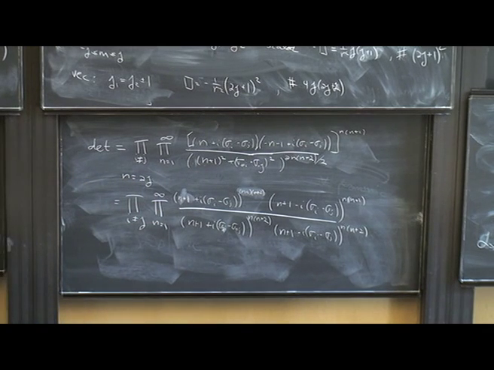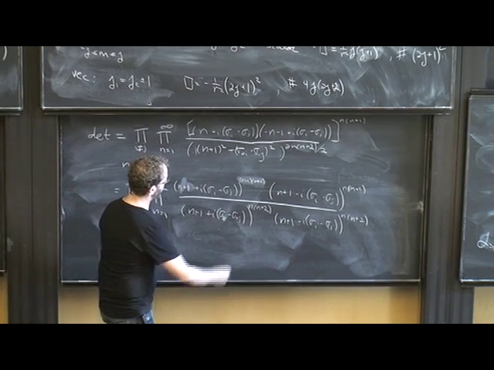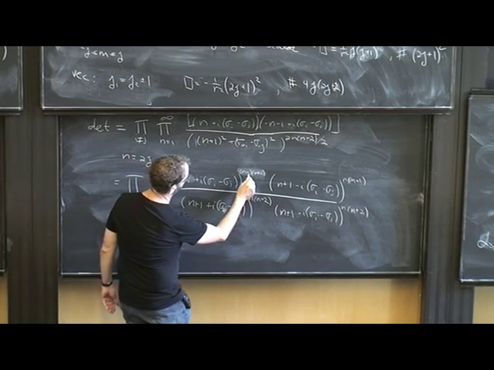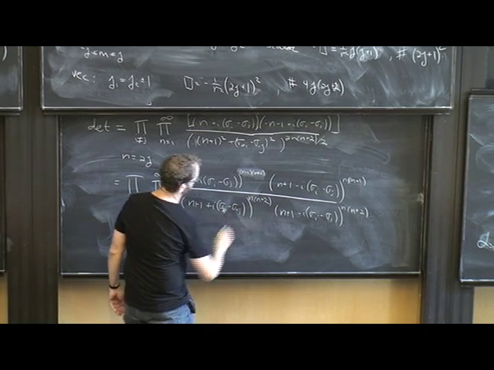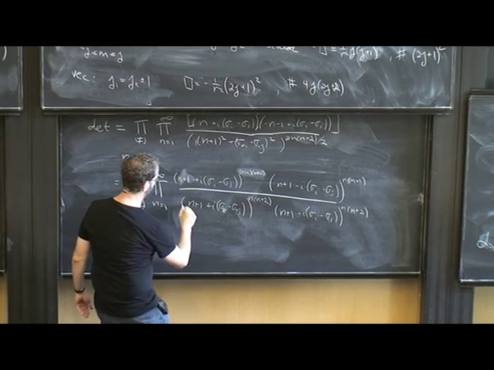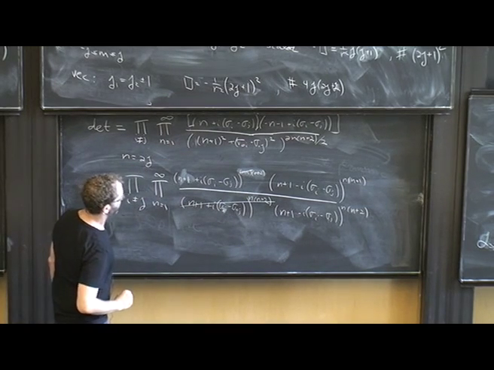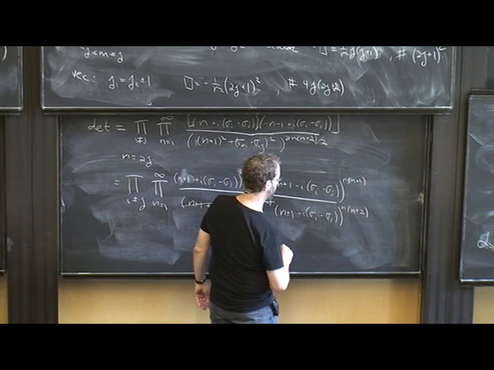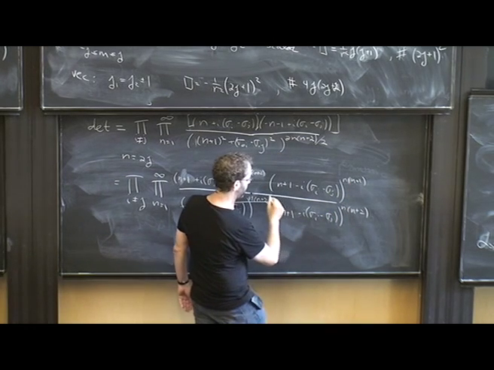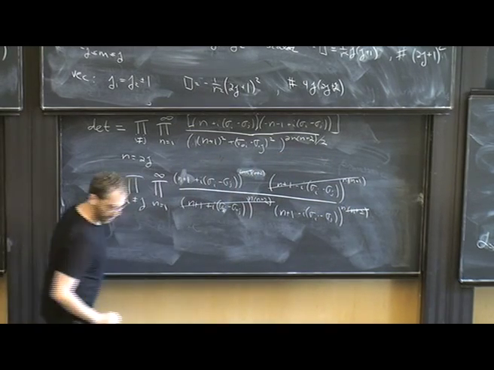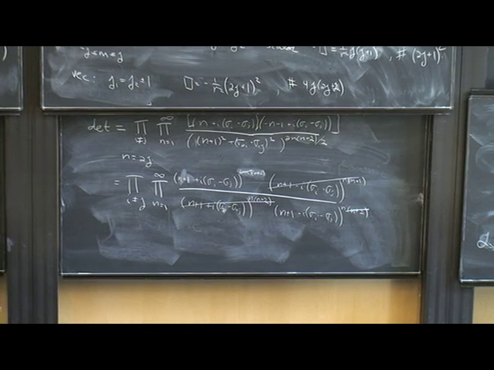Now I have similar terms appearing in the numerator and the denominator, and I just need to worry about the multiplicity. Here I have n plus 1 times n plus 2, here I have n times n plus 2. So I can cancel this, just n plus 2.